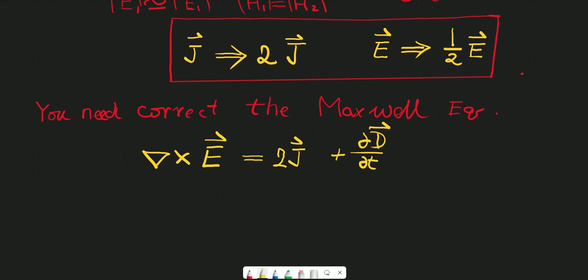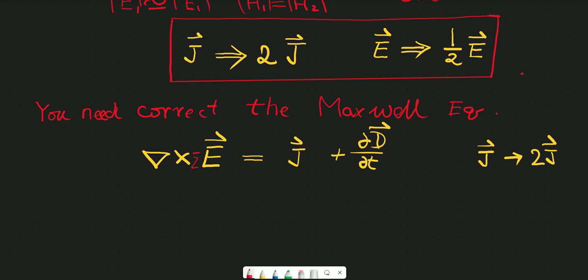That means you use G to change. You change G to 2G. You do this. Or you do another way: if you put a half here, it is also okay.